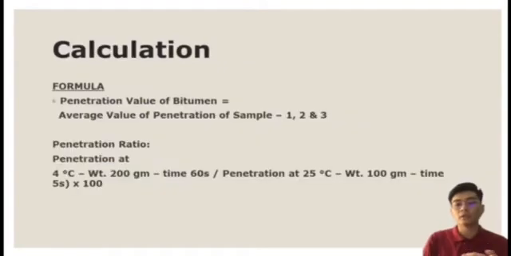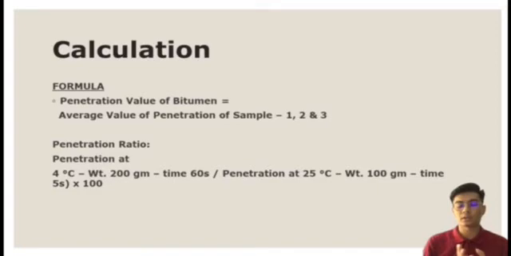For this slide, I will tell you about the conclusion for this bitumen penetration test. We use a formula for the penetration value of bitumen. The penetration value of bitumen is the average value of penetration of the sample from test 1, test 2 and test 3, for each one.